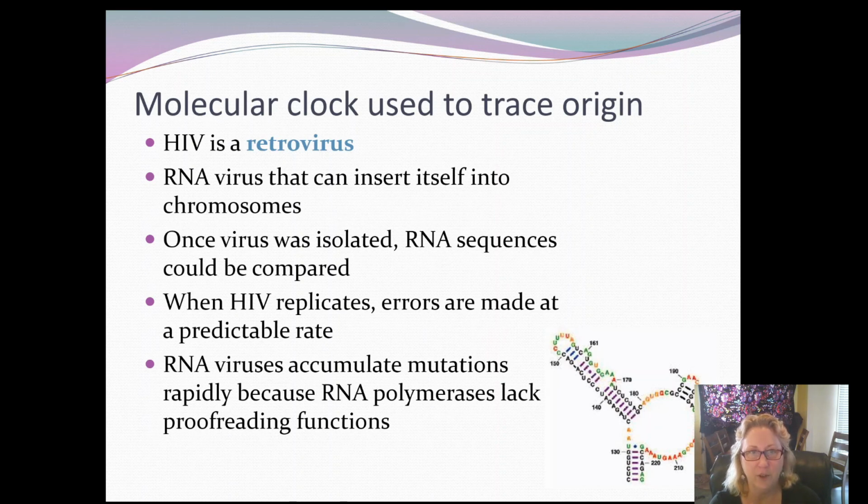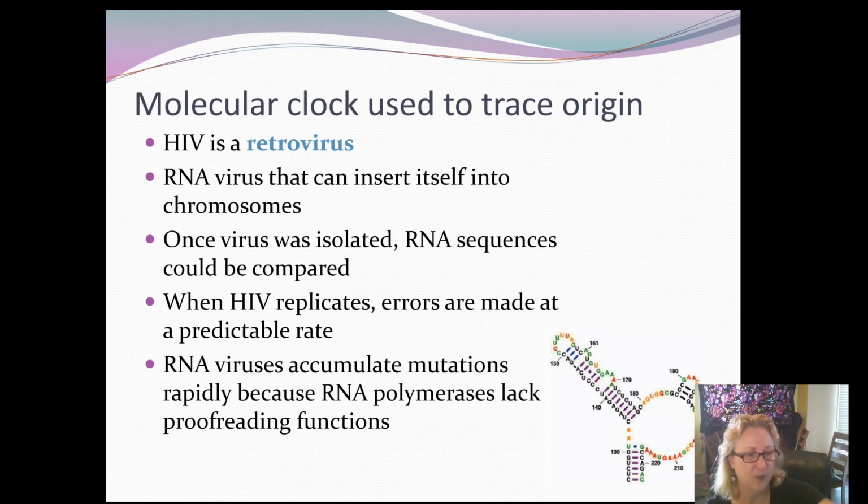And if you do that with HIV, if you take all of the HIV viruses that exist today, we actually can learn a lot about when this virus may have originated and where it originated.